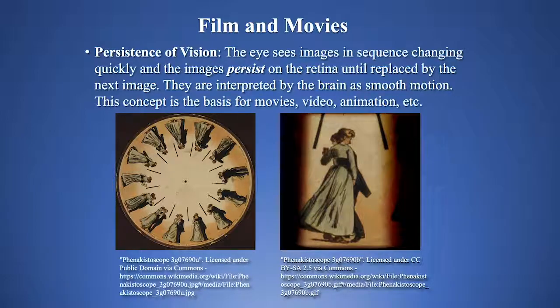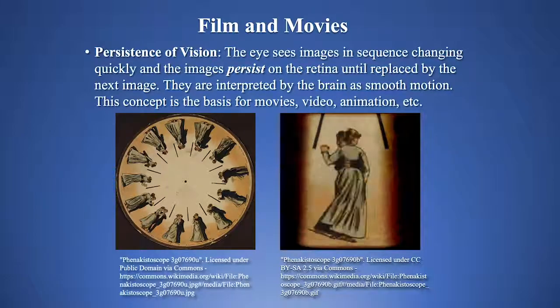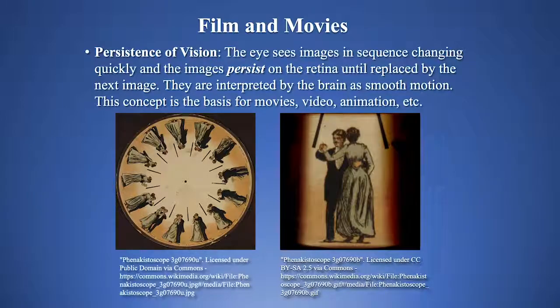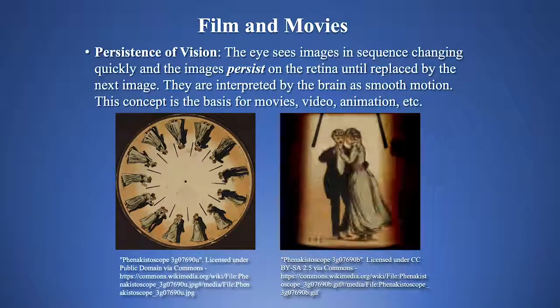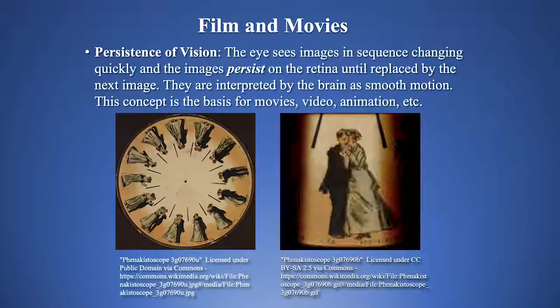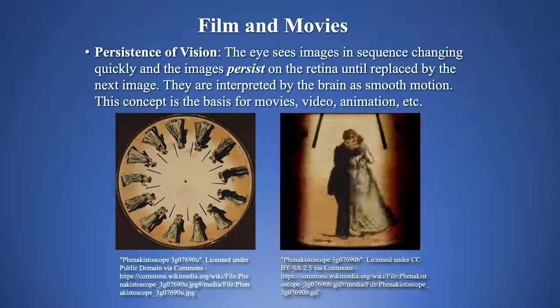This concept is the basis for movies, video, and animation. So this is a phenakistoscope, and this is one of the earlier types of animations where they would draw images on a disc, and then you would look at it through the little slots by holding it in front of a mirror and spinning it, and it would look like these people were dancing.